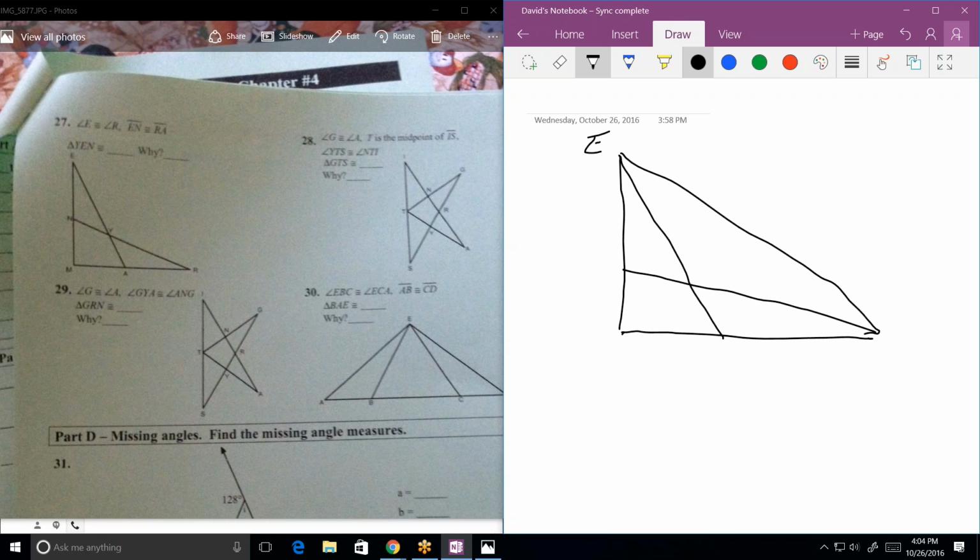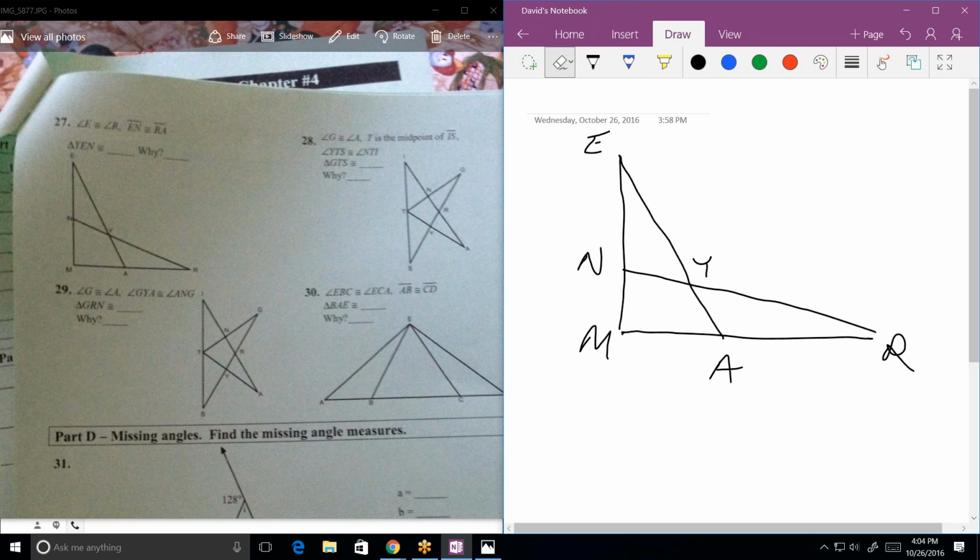Let's see, that's E, M, N, Y, A, and R. So, ooh, no, I didn't draw it right. I don't need this line right there. And angle E is equal to angle R, and EN is equal to RA.